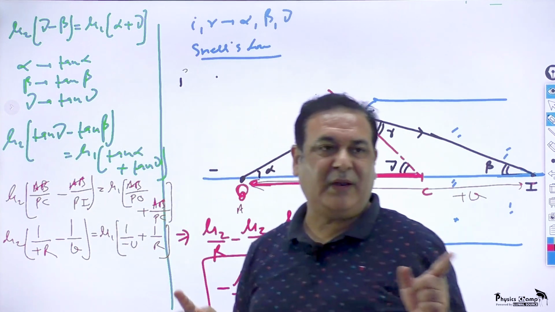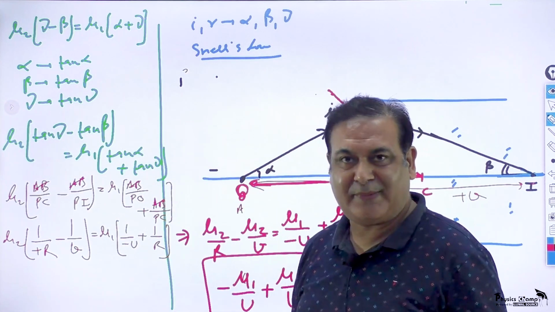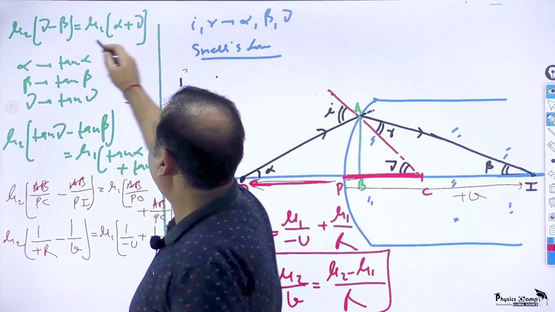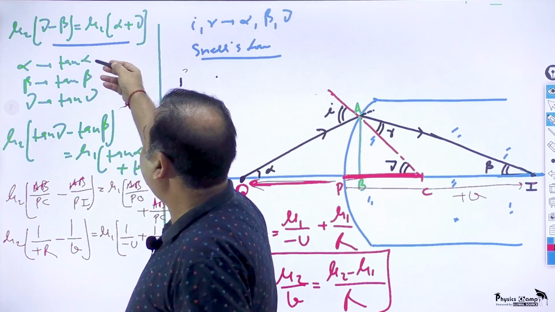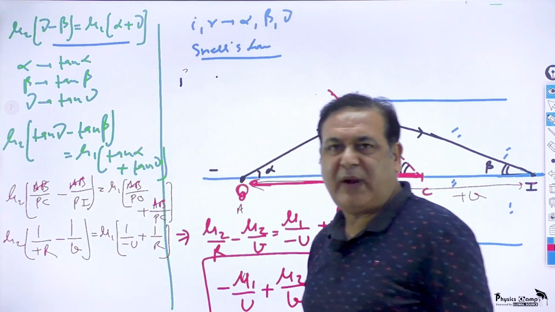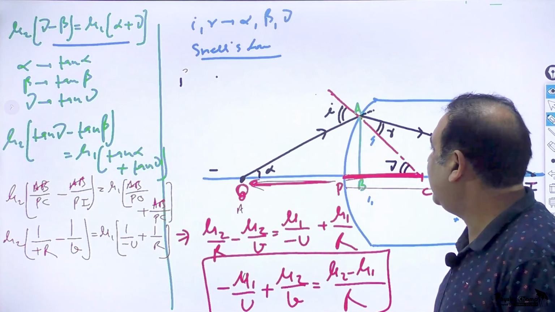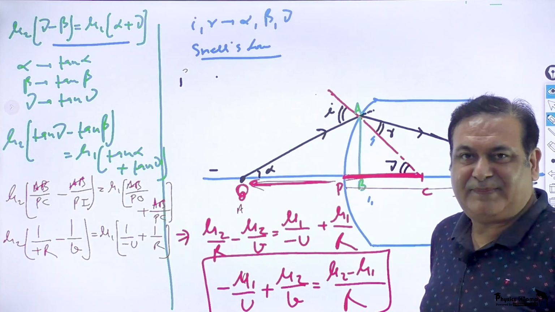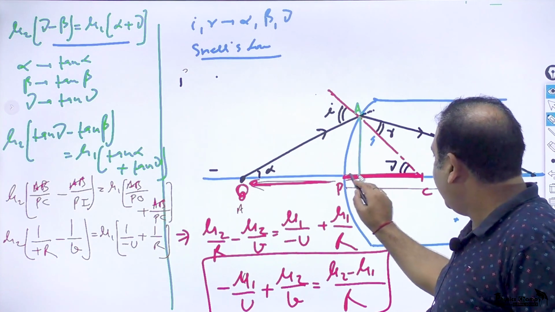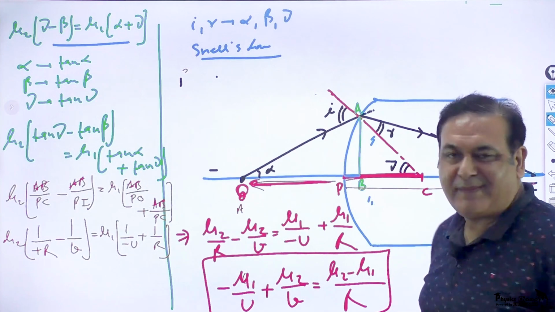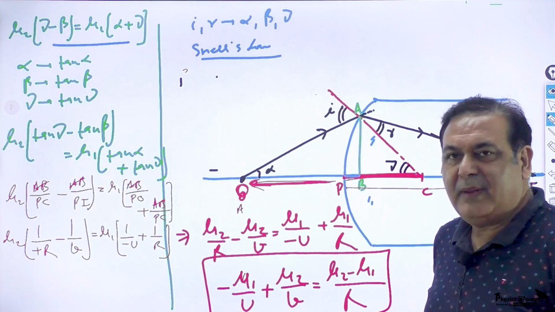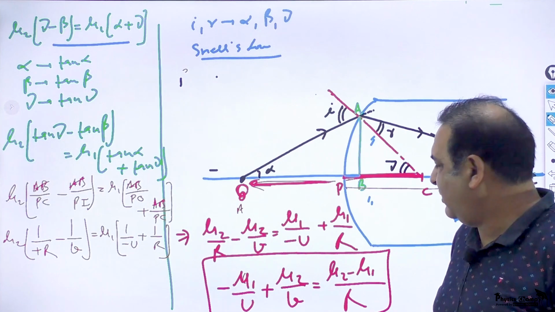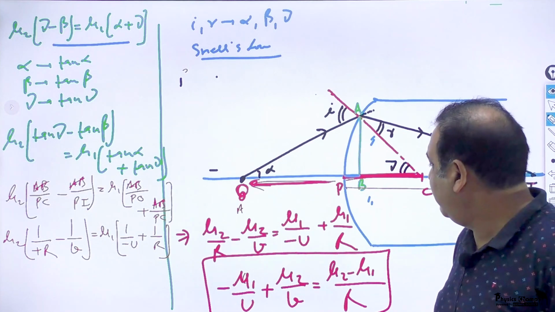So you get a relation of mu1 I and mu2 R. And then put that value of I and R in terms of alpha, beta, gamma, and then make that assumption for small angle. Alpha is tangent alpha, beta is tangent beta, gamma is tangent gamma. And also neglect this distance.